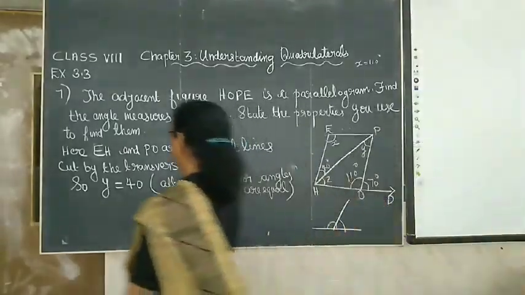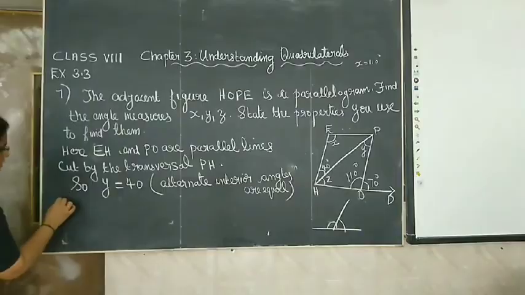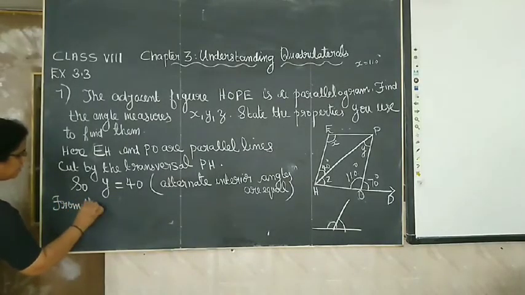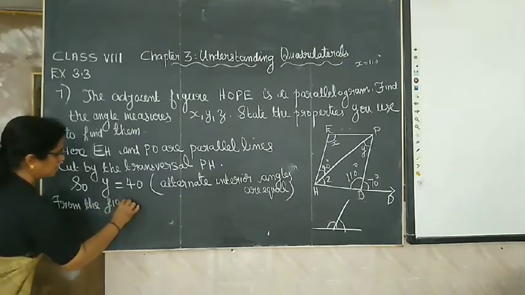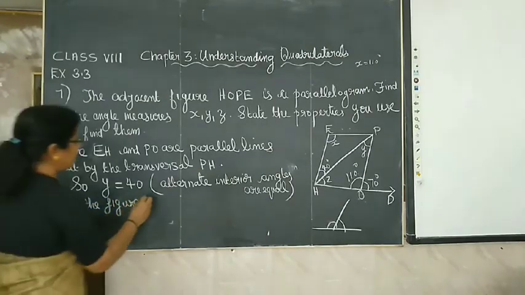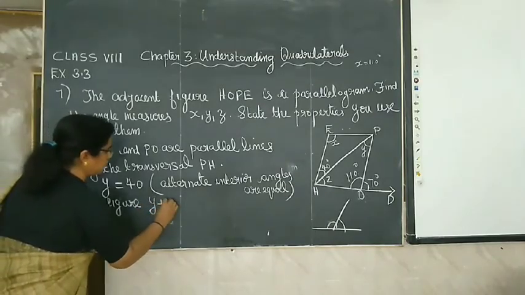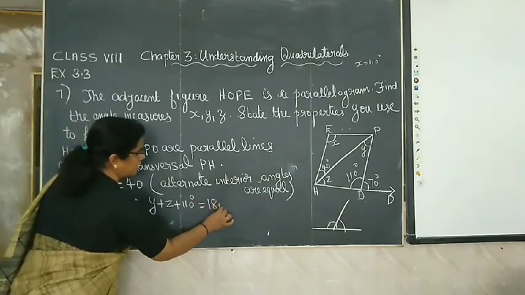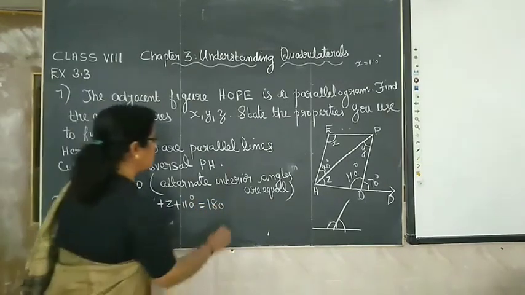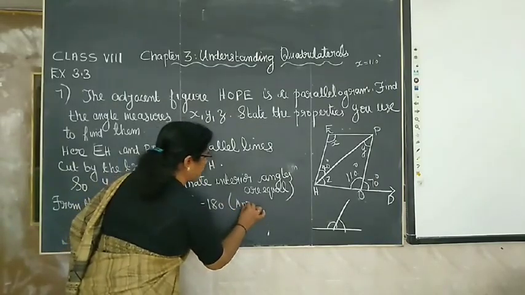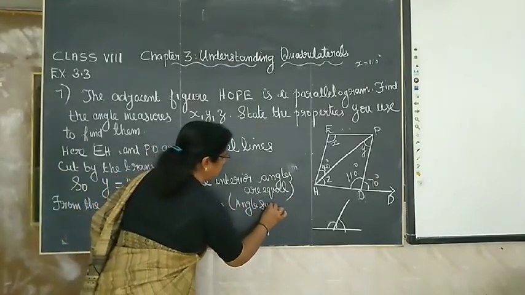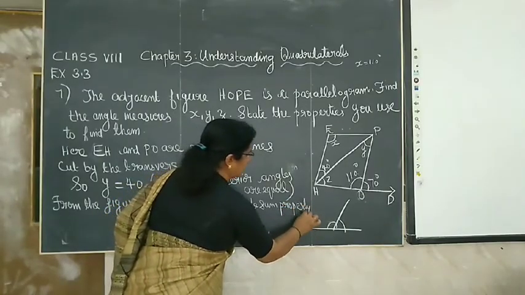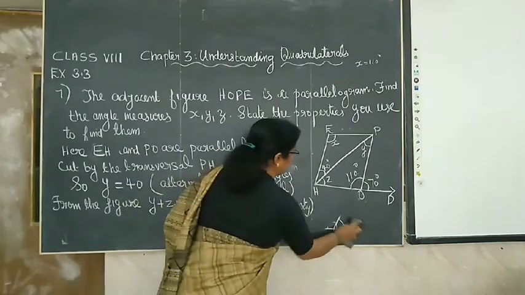So we can write from the figure, y plus z plus 110 is equal to 180. Here we are applying angle sum property of a triangle. Whatever property we are using, you have to write here.